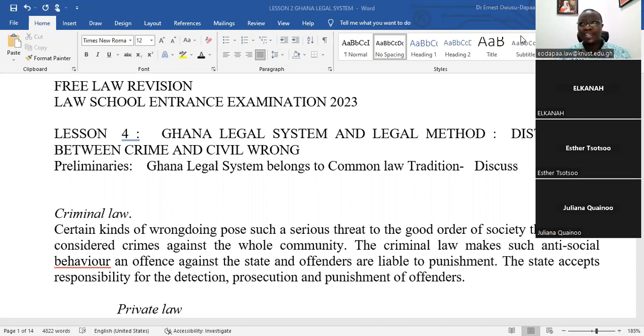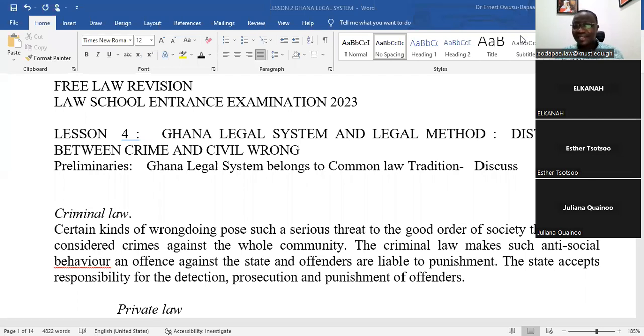So now we have a burden to prove or to demonstrate whether the assertion that Ghana belongs to common law tradition is true or not. So that is what is inviting us to do.